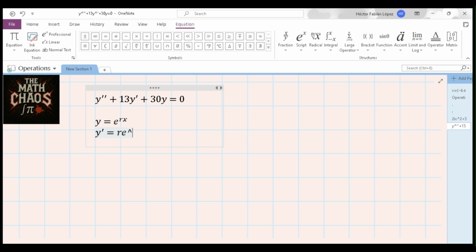It implies we have r times e to the rx. Then we find the second derivative. It's the same, but in this case we will have r times r times e to the rx. It's like saying r to the second power times e to the rx.